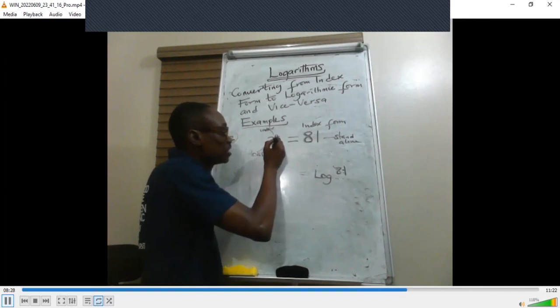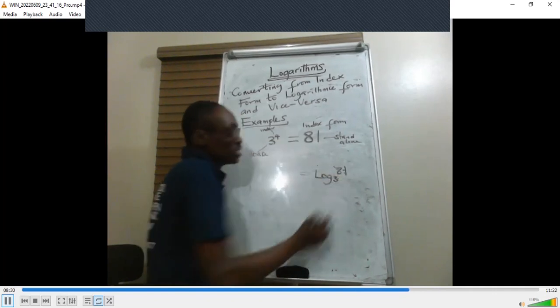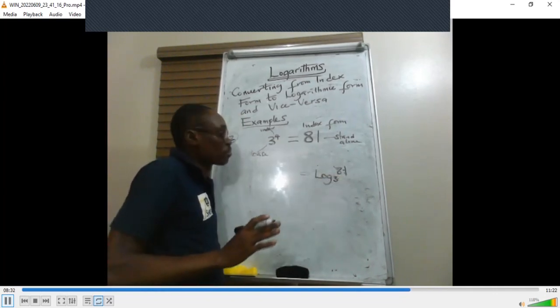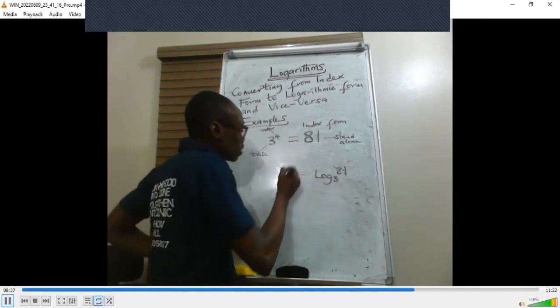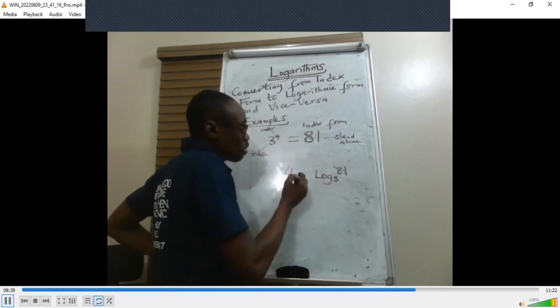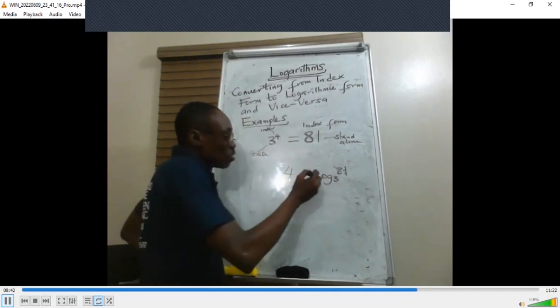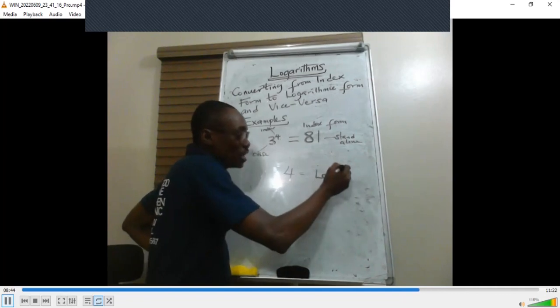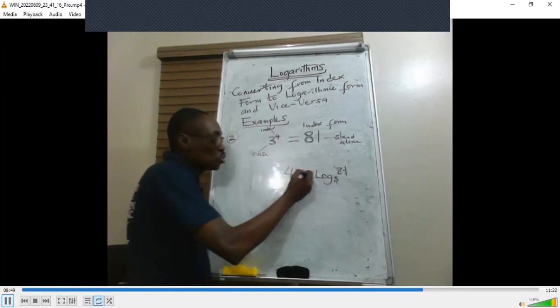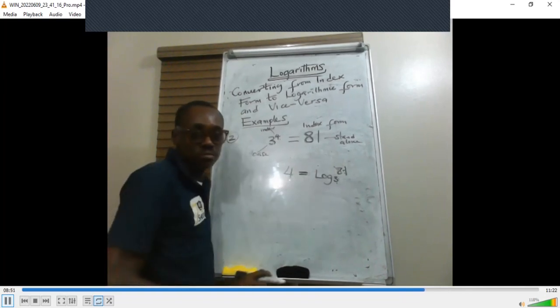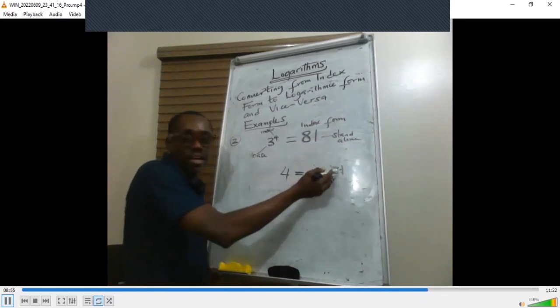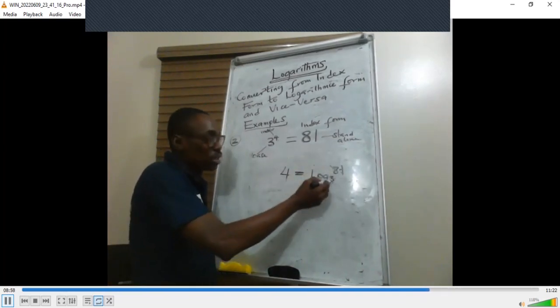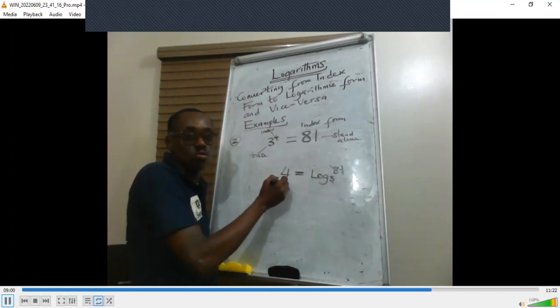So this 3, which is the base here, will come over here and become the base in the logarithmic form. So what are you left with? The index 4 will just drop down and stand on its own. So you have that 4 is equals to log 81 to base 3, or log 81 to base 3 is equals to 4.